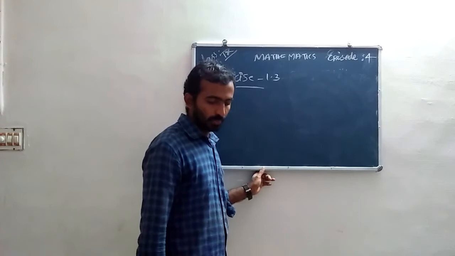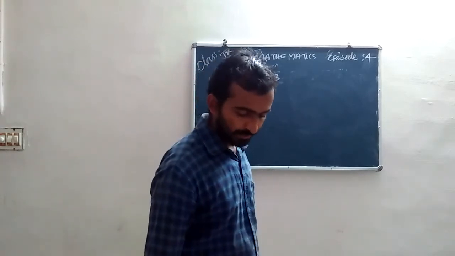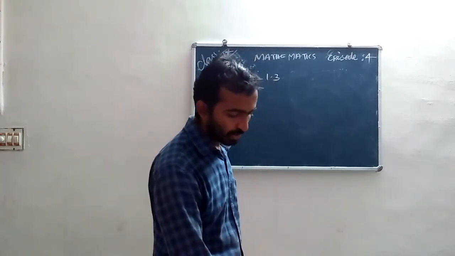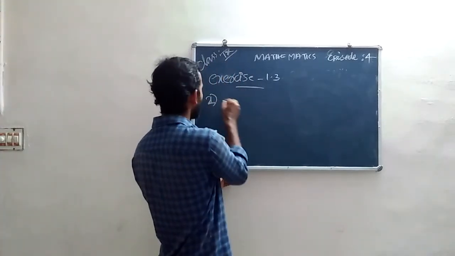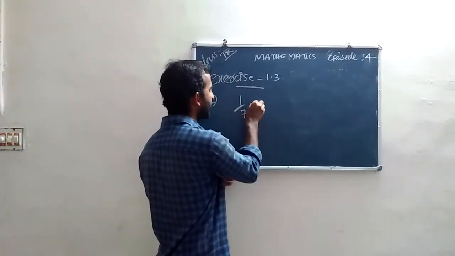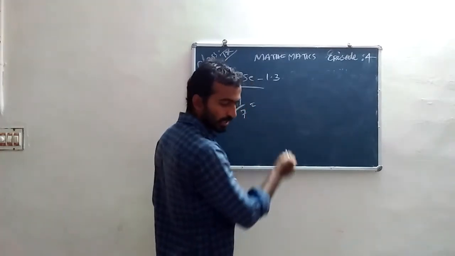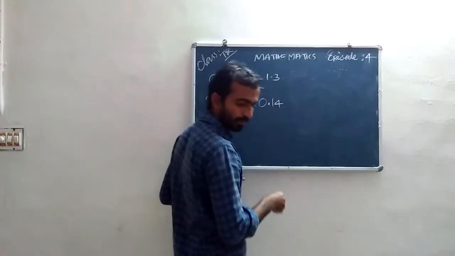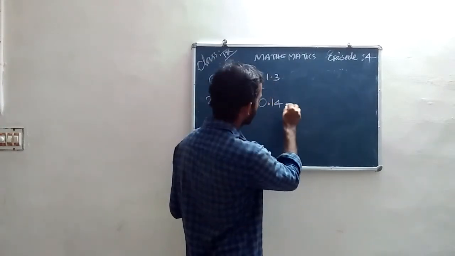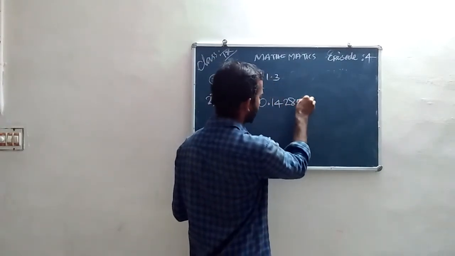What is question number 2? We know that 1 by 7 is equal to 0.142857.